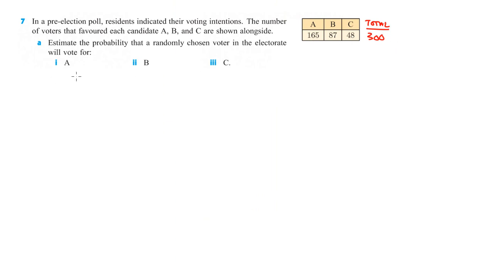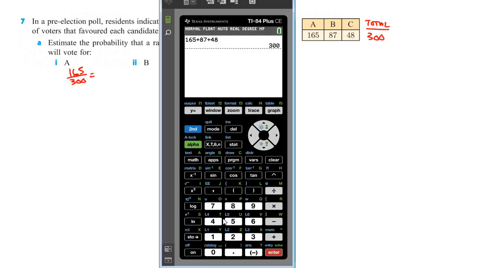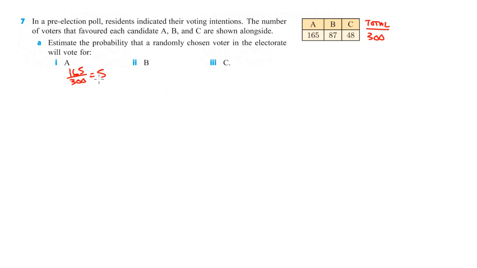Okay, so the probability that a randomly chosen voter in the electorate will vote for A would be 165 out of the 300, which gives us 165 divided by 300, which is 55%, 0.55.